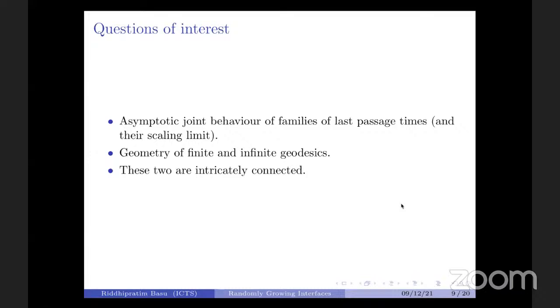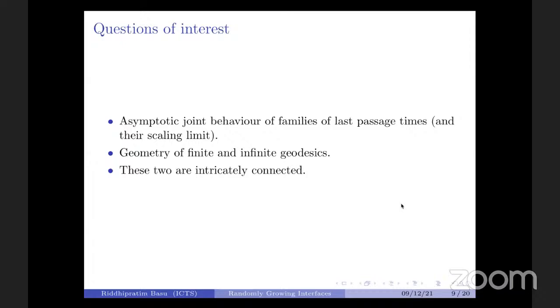In recent years, there has been a lot of work on understanding these two together. You understand some things about the landscape itself, which gives you some information about the geodesic geometry, which you again use in understanding some further finer information about the landscape.